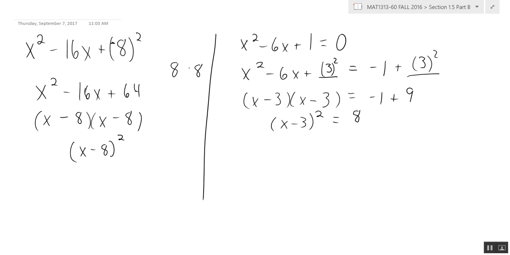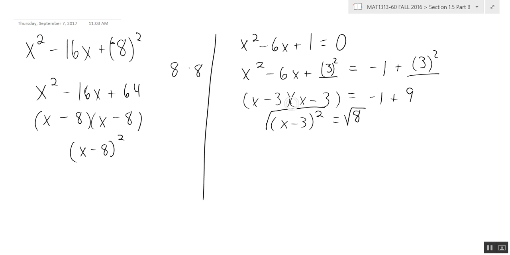Now this looks like the problems we were working last class meeting, where we were using the square root property to solve, doesn't it? So if I want to solve for x, I take the square root of both sides of the equation.